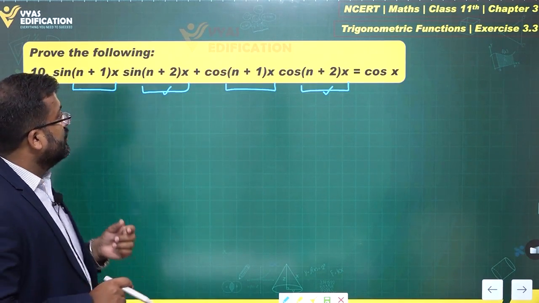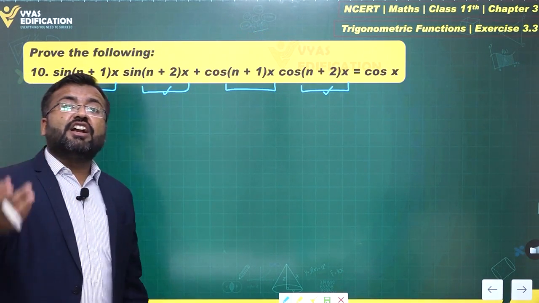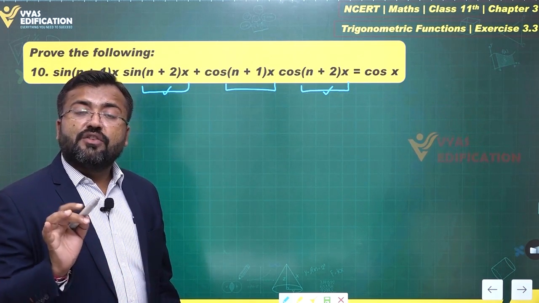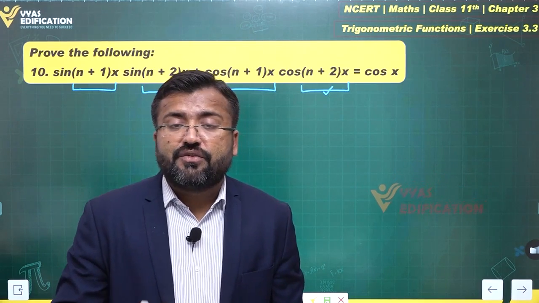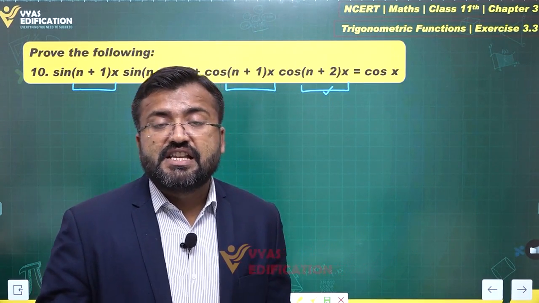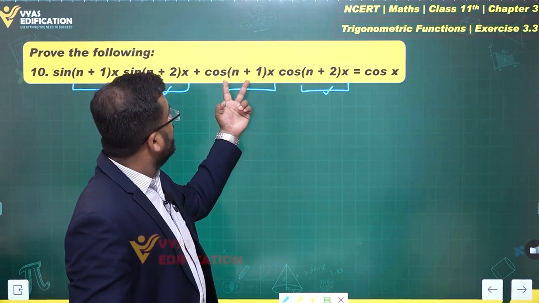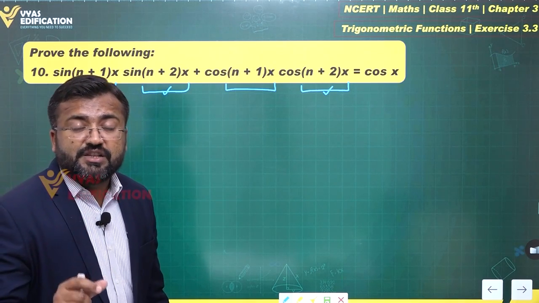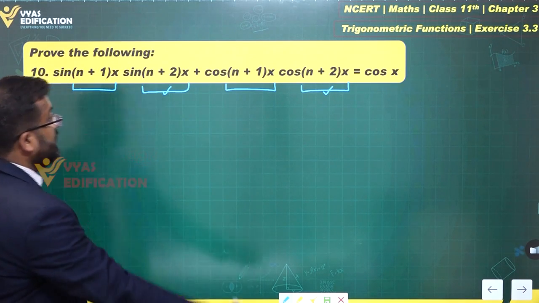What is this equal to? This is the expanded form of cos of A minus B. Recall, cos of A minus B is equal to cos A cos B plus sin A sin B. So this will convert to cos of A minus B.